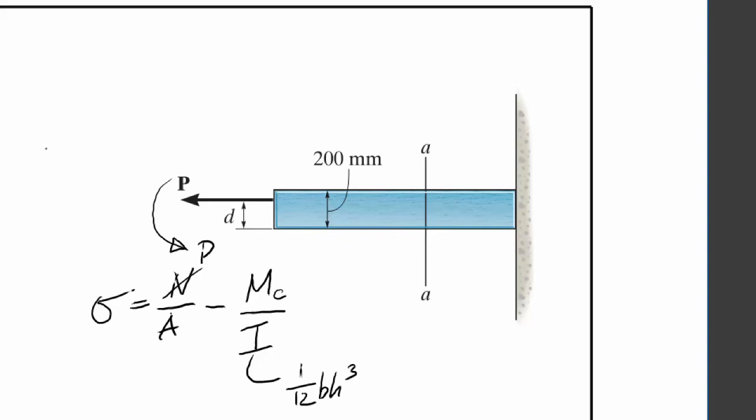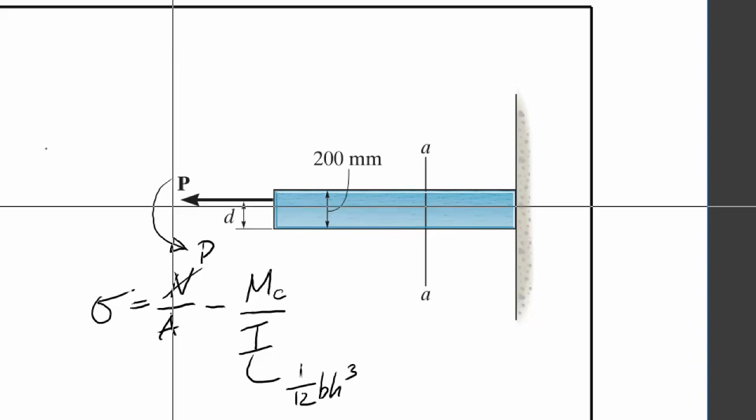When we look at it, we also have to look at what the moment is. We know that the formula for moment is force, or P, times your distance, and we're solving for that distance. We have to make sure that we don't get confused between this D and the other D, so I'm going to label that as D prime.